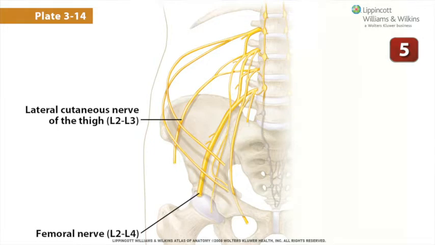One of its branches, the saphenous nerve, continues inferior to the knee to innervate skin on the medial side of the leg. The femoral nerve is derived from dorsal branches of the ventral rami of L2, L3, and L4.